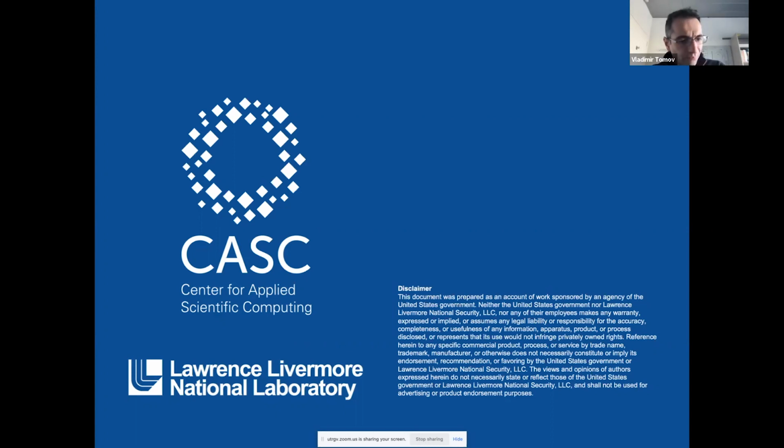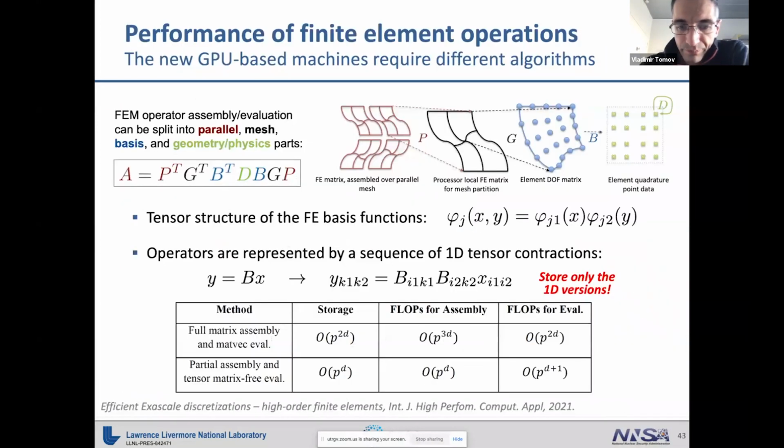Right. We can use triangles, but people in this area prefer quads. One reason is performance. Quadrilaterals have the tensor structure that I mentioned, which means that you can do this factorization and partial assembly and get these flops.